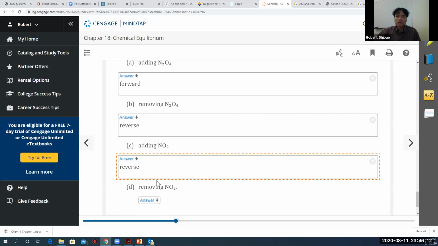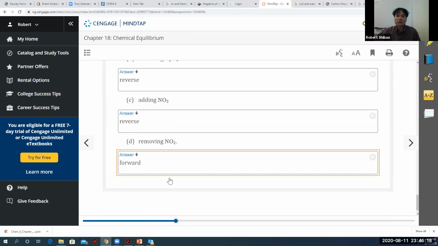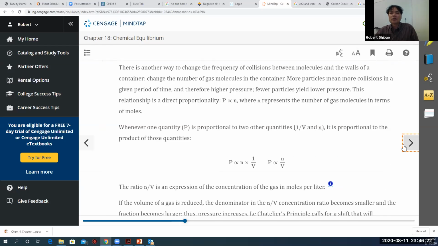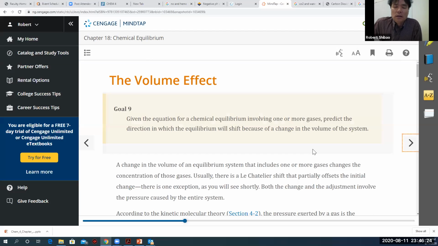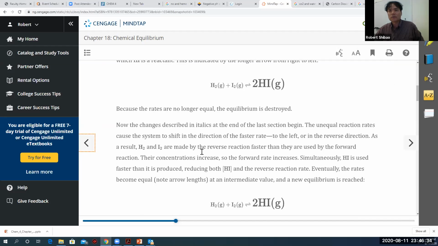So reverse. Removing NO2, well, if we take water off the right, it's going to shift it to the right, and forward. So that's called Le Chatelier's perturbation. In terms of concentration, we also have a volume and a pressure effect. Pressure is the same thing. Pressure and concentration are directly proportional to one another.